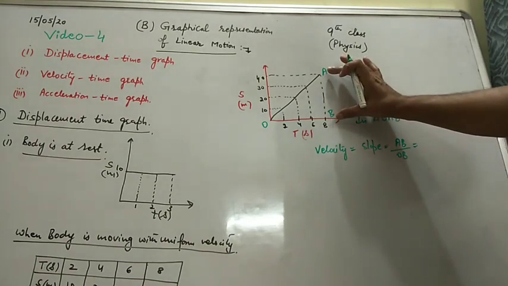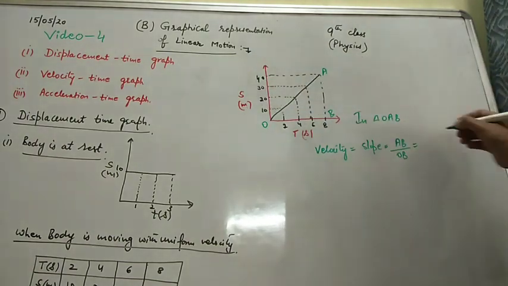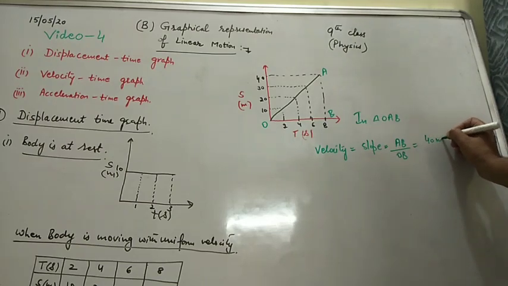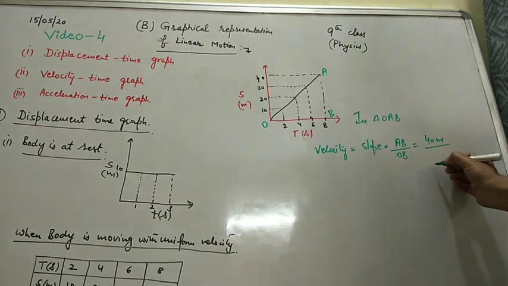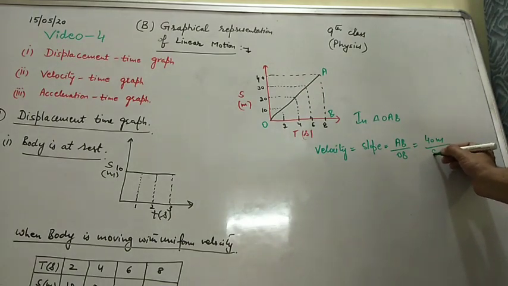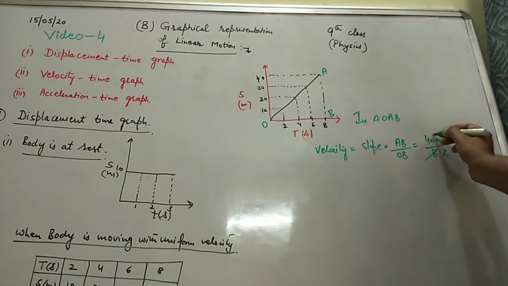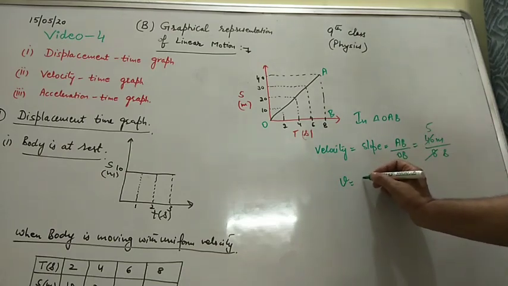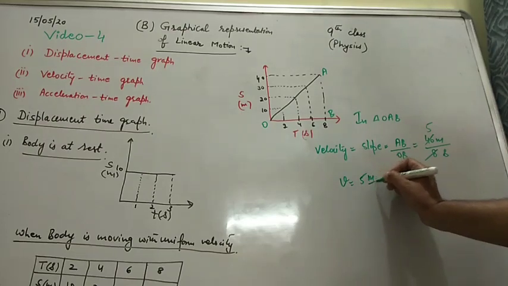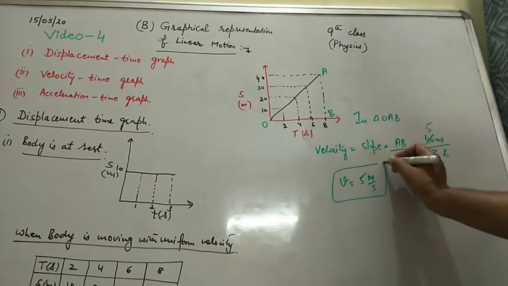What is the perpendicular? AB, and that is equal to 40 meter. And the base OB is 8 seconds. If you solve, what you will get is 5 meter per second.